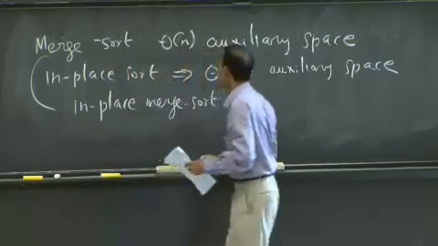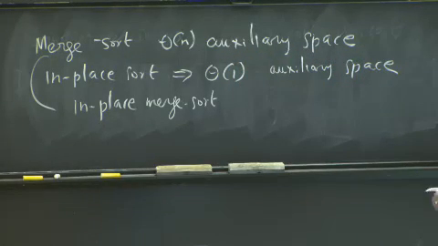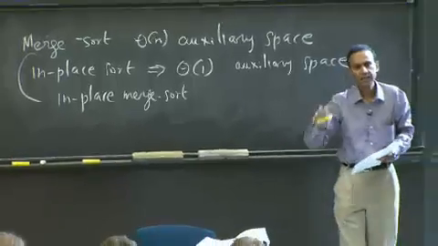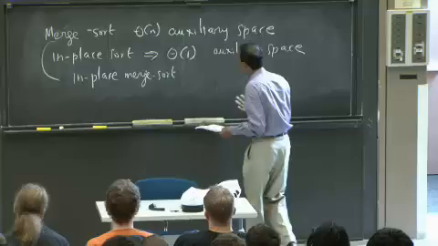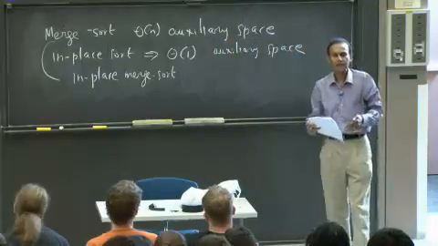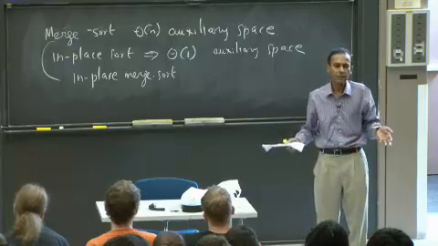And this in-place merge sort is kind of impractical in the sense that it doesn't do very well in terms of the constant factor. So while it's in place and it's still theta n log n, the problem is that the running time of an in-place merge sort is much worse than the regular merge sort that uses theta n auxiliary space.